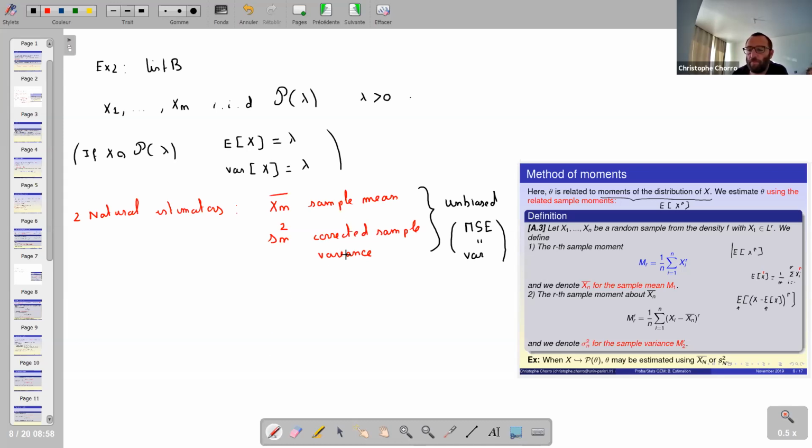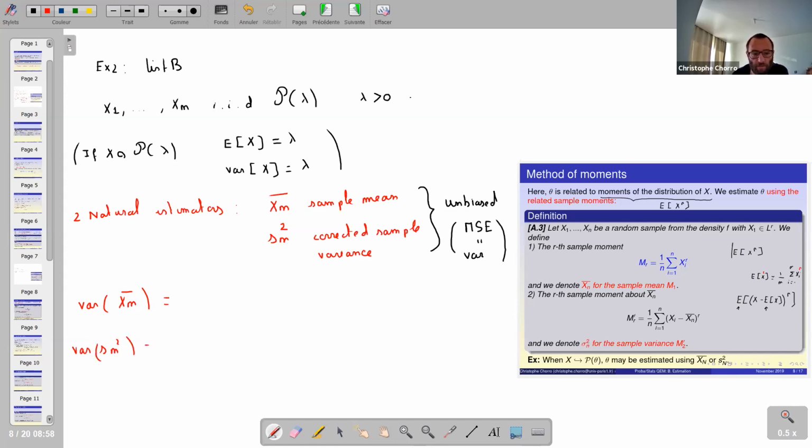So if I want to compare these two, then I just have to compare their variances. So I have the variance of the sample mean and the variance of Sn squared to compute.